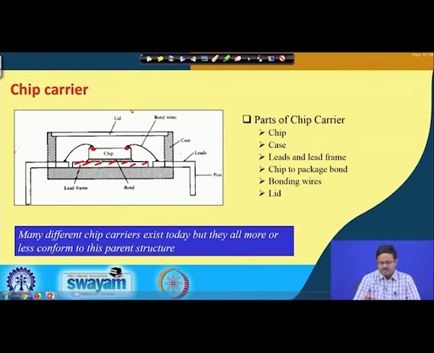Okay. So, keep in mind there are two very similar sounding words. One is called a lid, LID, the other is called a lead, LEAD. The lead is the one which forms the connections, and the lid is definitely a cover.